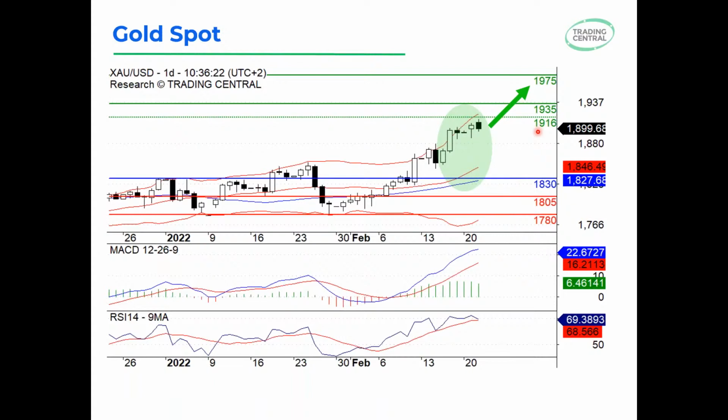And mind you, 1,916 was the high of last year, 2021. We are approaching that level, and also the momentum indicator is pointing to the upside at the moment.